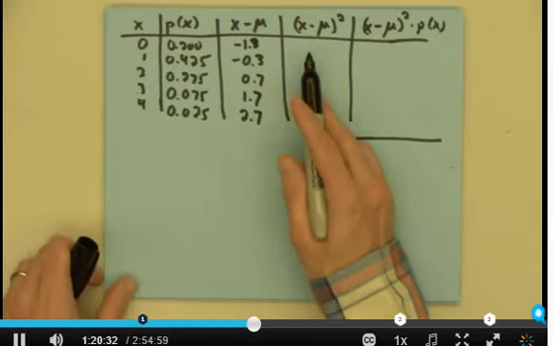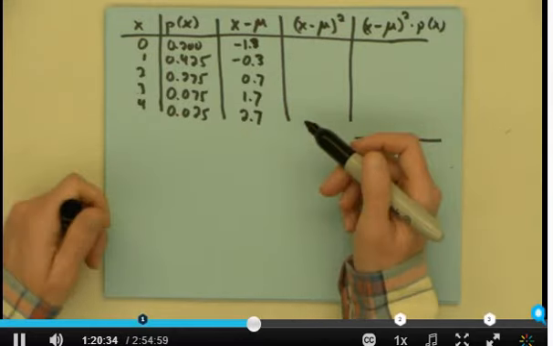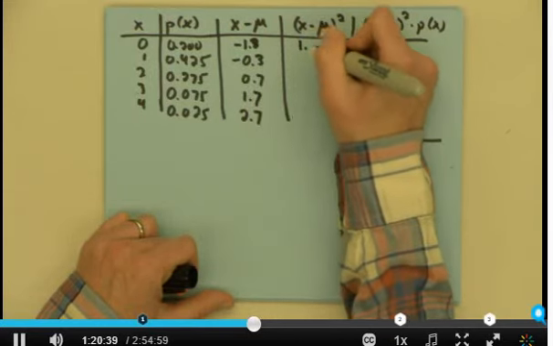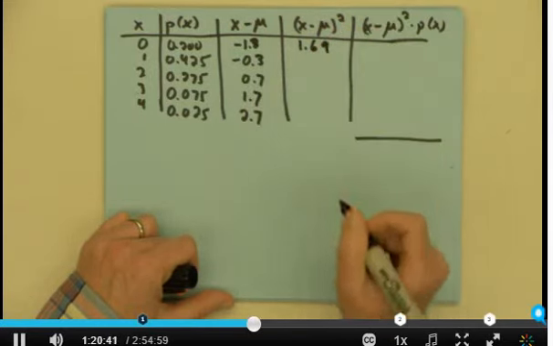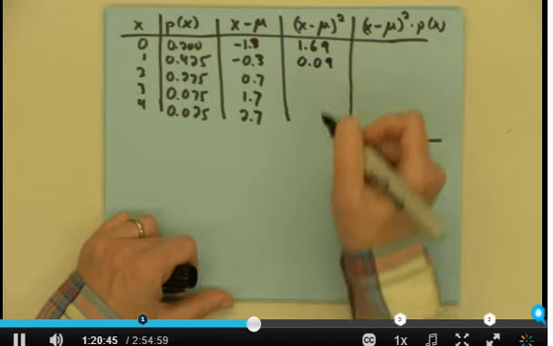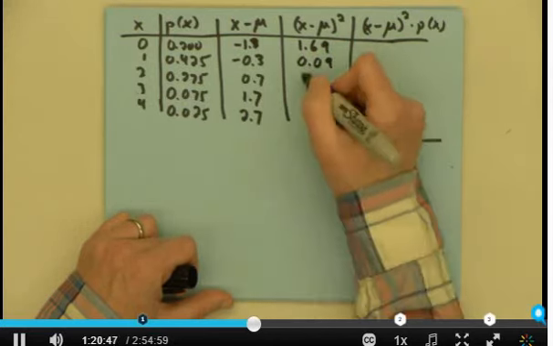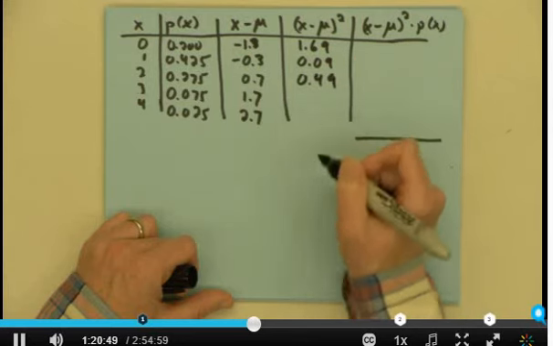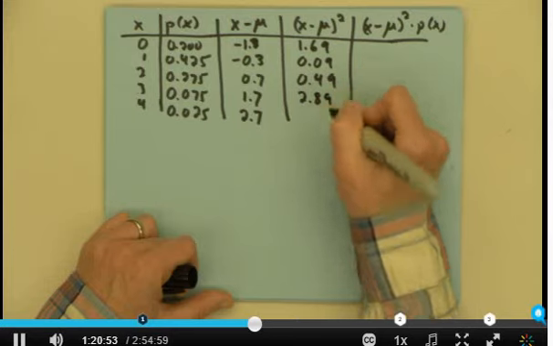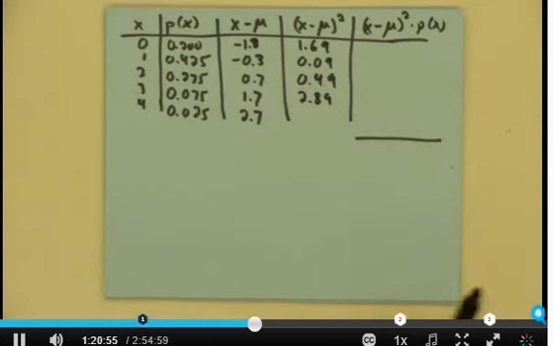Well, now I want to square these things. Again, I'd recommend using a calculator, but 1.3 squared is 1.69. 0.3 squared is 0.09. 0.7 squared is 0.49. 1.7 squared is 2.89. And 2.7 squared I don't want to do in my head. 7.29.